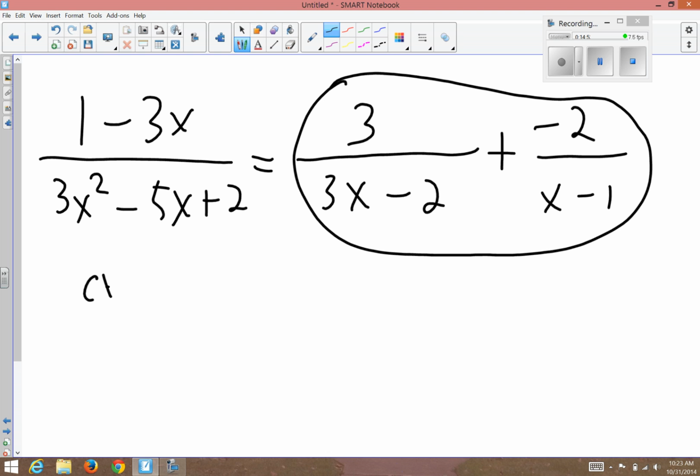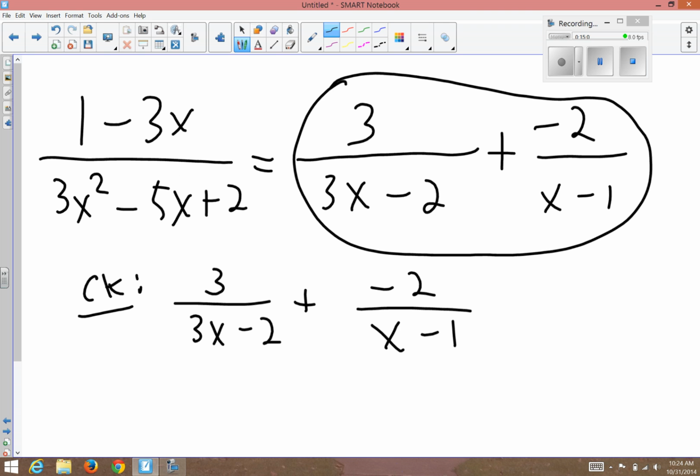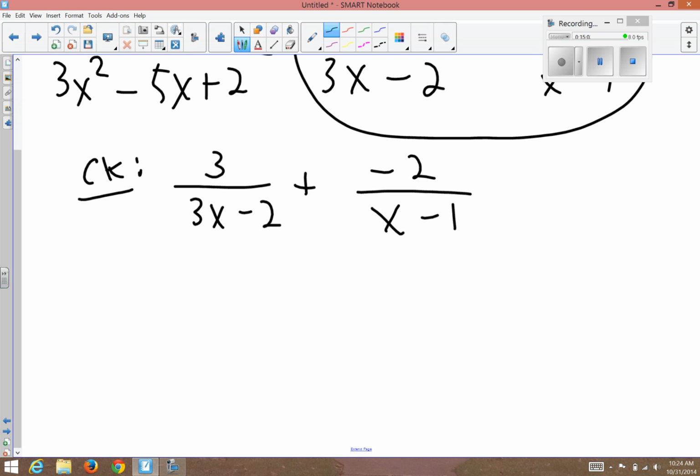Let's check. This fraction plus this fraction. If we add these, we should get the original. You can only add these when they have the same denominator, which is 3x minus 2 times x minus 1.